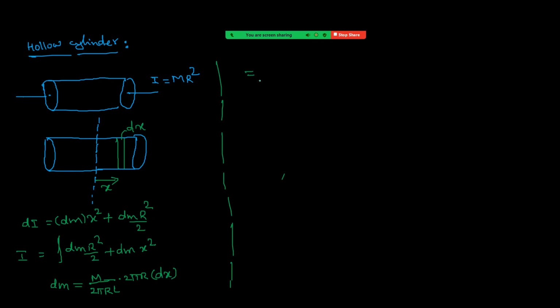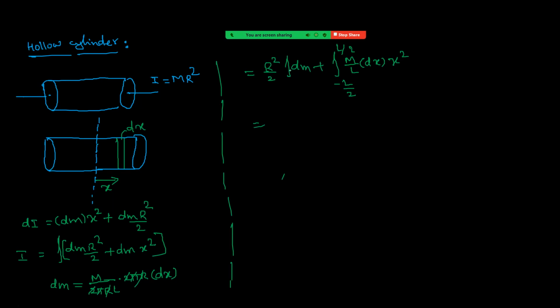Let us take the calculation here. Let us take first part, that is r square by 2 integration of dm, plus integration of, now substitute this value, 2 pi r gets cancelled. It is now m by l into dx into x square, limits minus l by 2 up to l by 2.